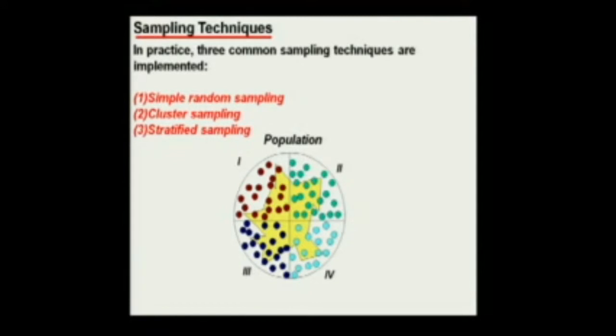Finally, the so-called stratified sampling. In a stratified sampling, we intentionally divide the population into different strata or different categories. For example, you have a factory that has all new machines, or 4 different brands of machines.